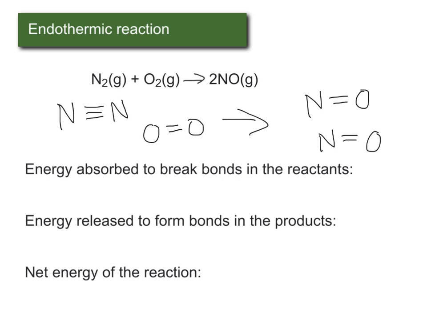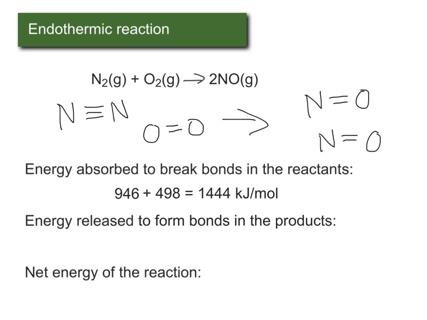So for the energy absorbed to break the bonds in the reactants, we need to add up all the bonds that we have on the left side of our equation. One nitrogen-nitrogen triple bond is 946 kilojoules per mole. And then we're going to add to that the oxygen-oxygen double bond, which is 498. So that gives us a total of 1,444 kilojoules per mole of energy that's absorbed in order to break those bonds.